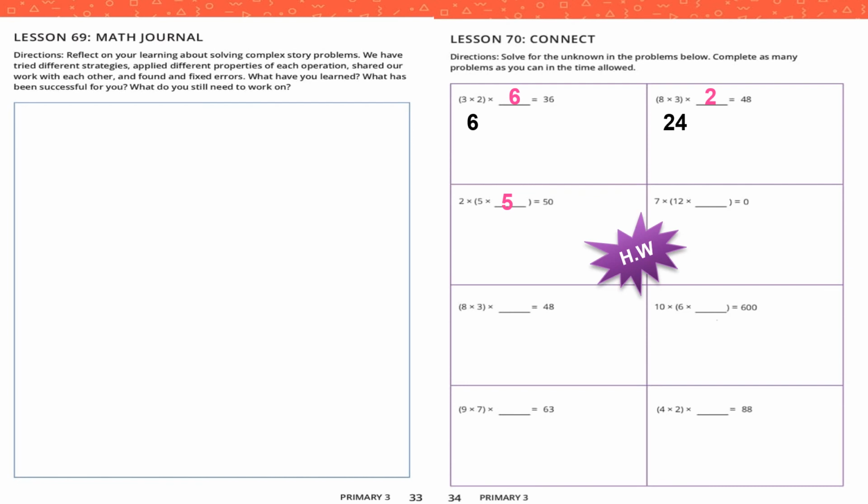The order is not important, so I can multiply them. 2 times 5 equals 10. 10 times what equals 50? 10 times 5. Yes, sure. And you can complete by yourself.